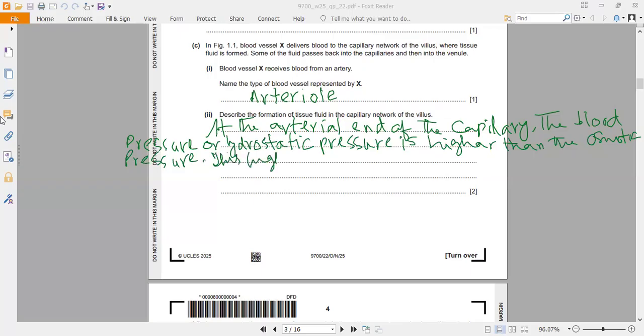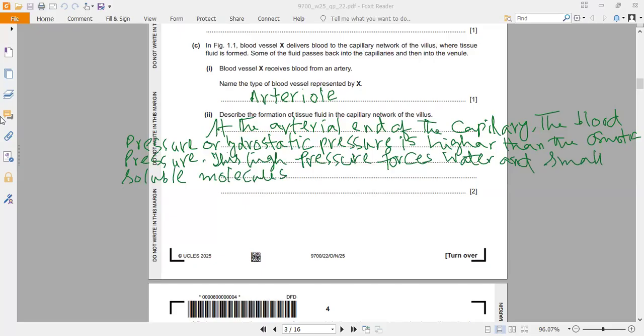So this high pressure forces water and small soluble molecules out through the tiny gaps in the capillary, which enters into the tissues and it is called as tissue fluid.